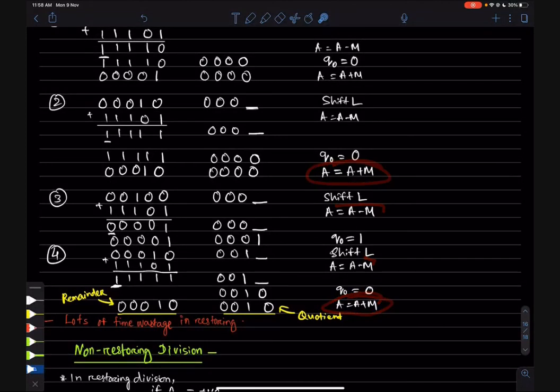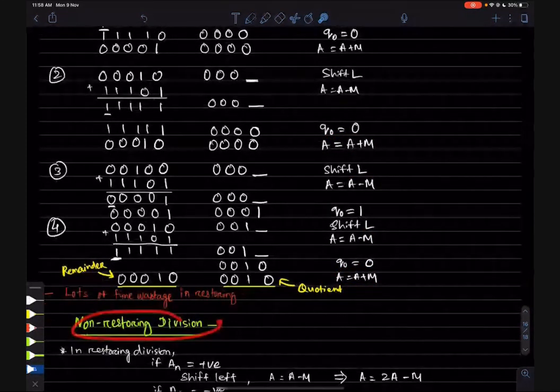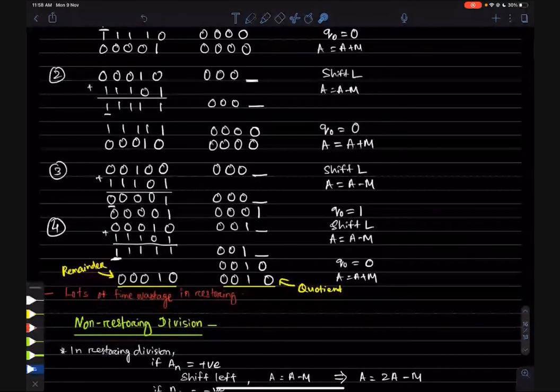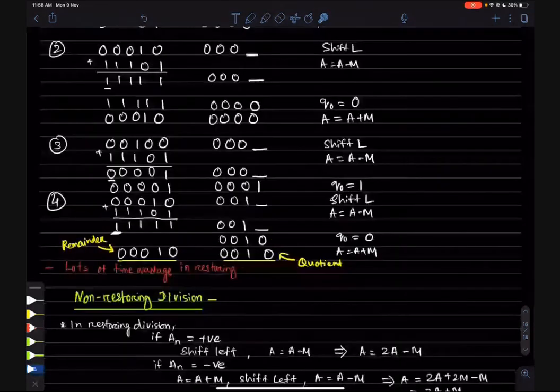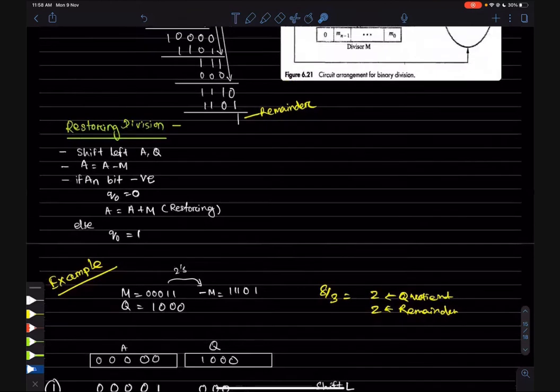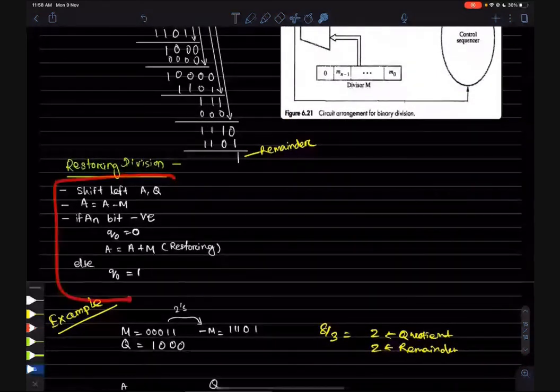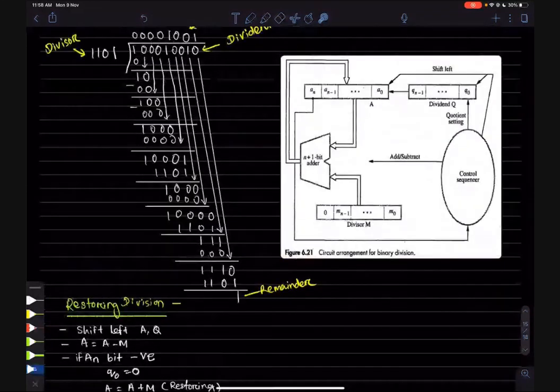So we will go for non-restoring division, which we will see in the next class. Non-restoring division is also very easy, that's not a big thing. Division is very easy, you just have to remember the algorithm. And this is the circuit. Any doubt you can ask.